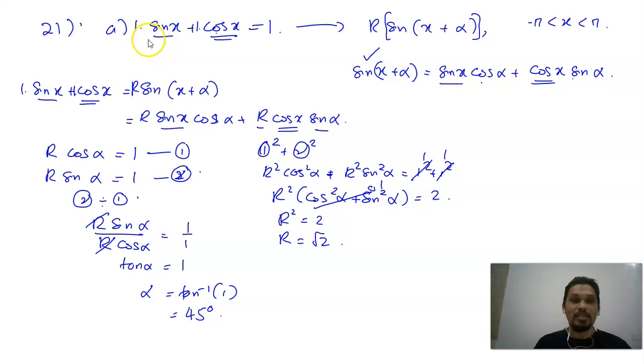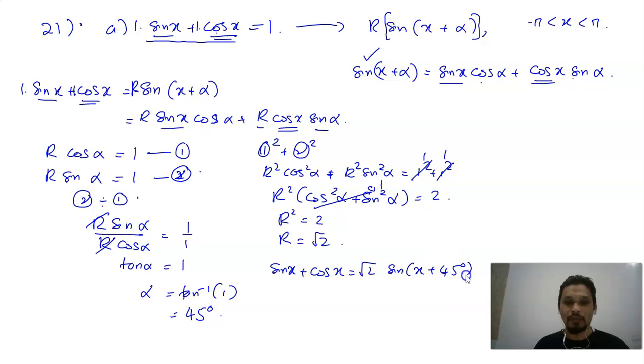And we may express this in the form of sine x plus cos x equal to square root of 2 sine x plus alpha, which is 45 degree. Okay, and now sine x plus cos x equal to 1, and also sine x plus cos x we can write in the form of r sine x plus alpha, which is sine x plus cos x equal to square root of 2 sine x plus 45 degree.